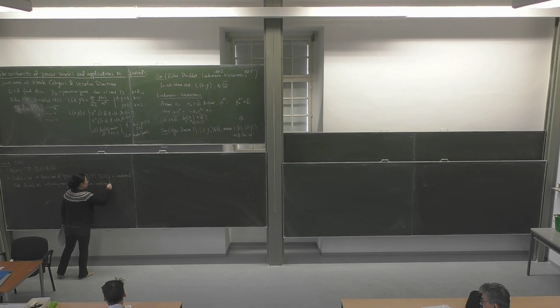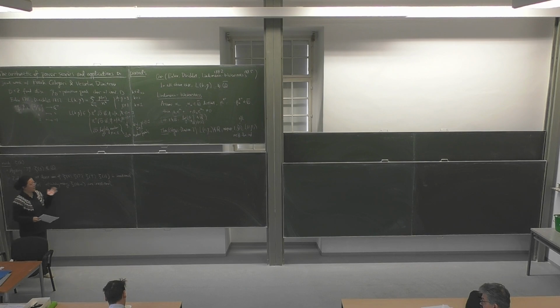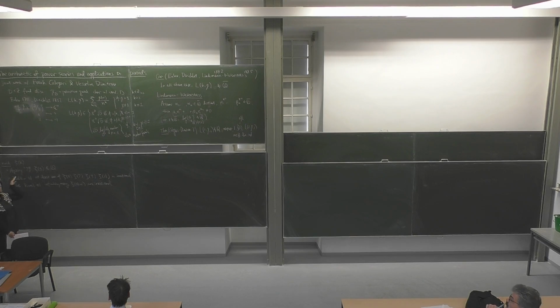Okay, so let me just write it this way. But what they actually prove is that the Q-linear span of these is an infinite dimensional vector space. And then there are later works to improve the dimension bound. So far we haven't explored the potential of our method along these directions. We'll focus on Apéry's for today.